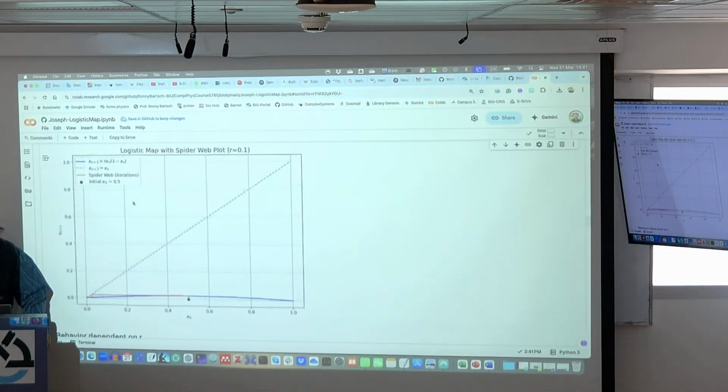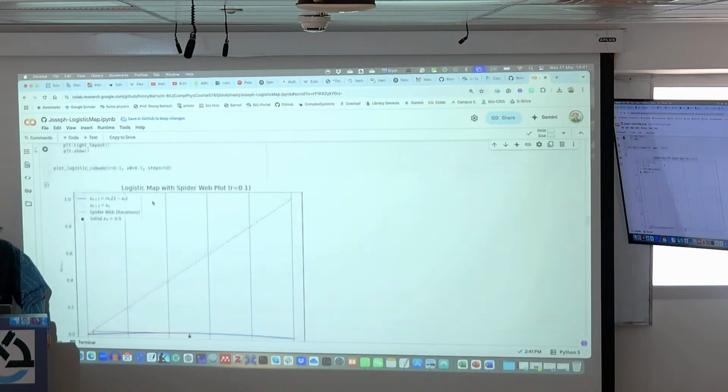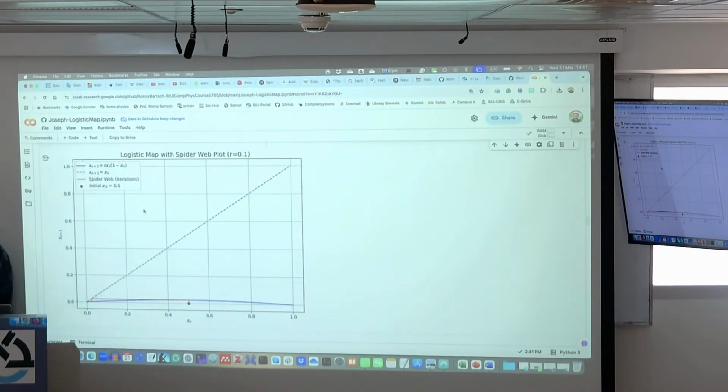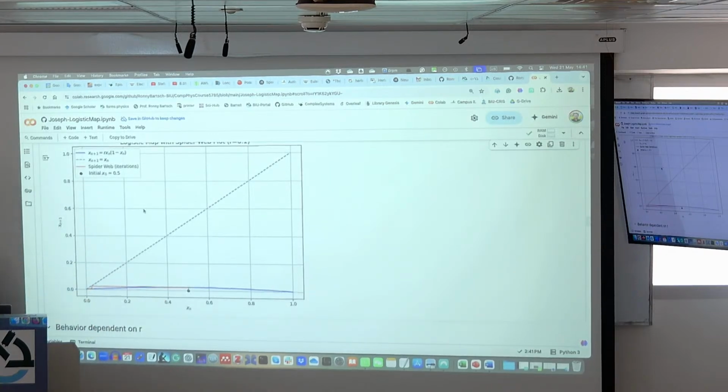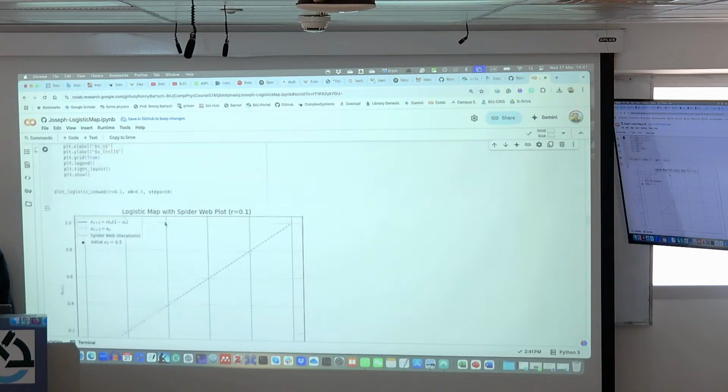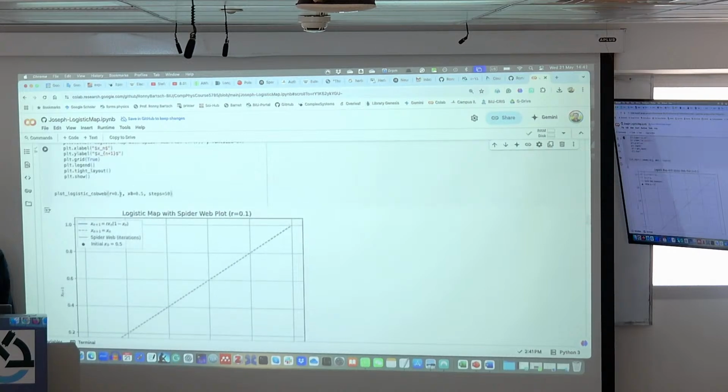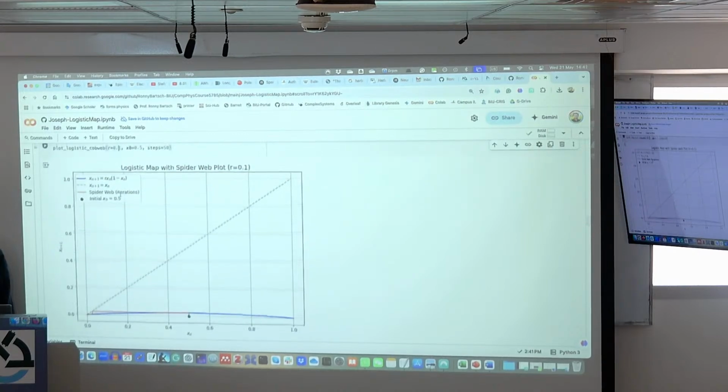You have to go above 1 so that it goes over this dashed line. Below 1 it will just go to 0. Remember, you need to cross the dashed line. Put 1.1 for R.